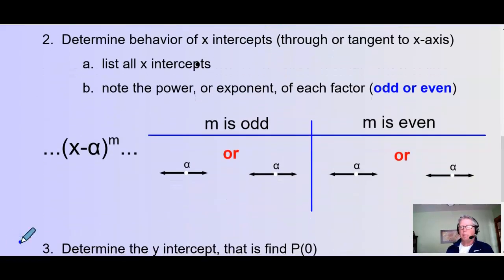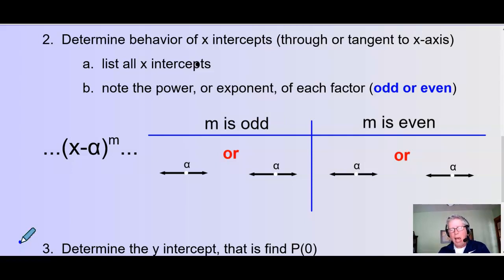So we have to determine the behavior at the x-intercepts. If it goes through the x-intercept, no big deal, right? But we have to know if the graph is going to cross through the x-axis or if it's going to swoop and be tangent. So here is a linear factor, x minus alpha. That means alpha is our root or our zero.